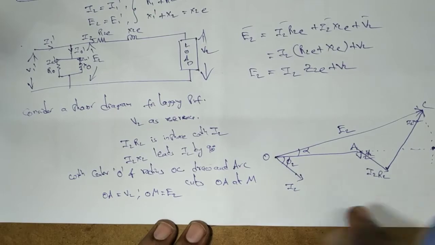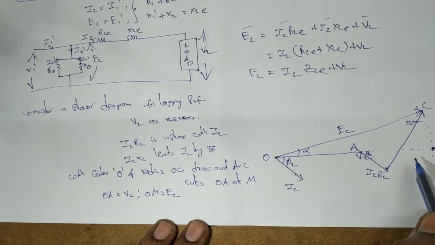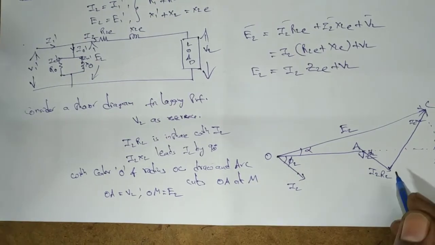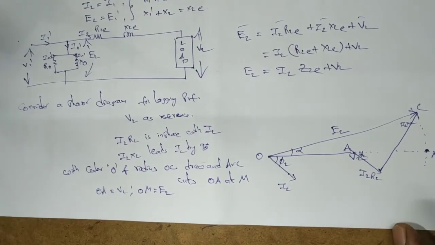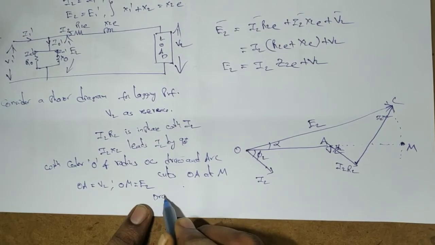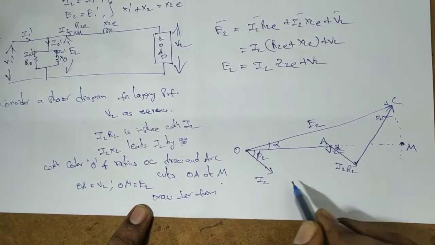Now draw a perpendicular from point C onto AM that cuts at point N.